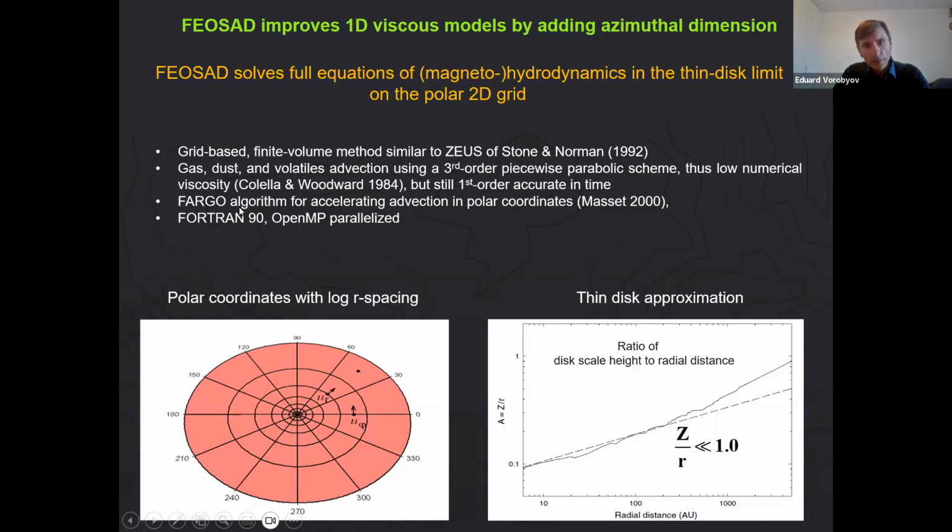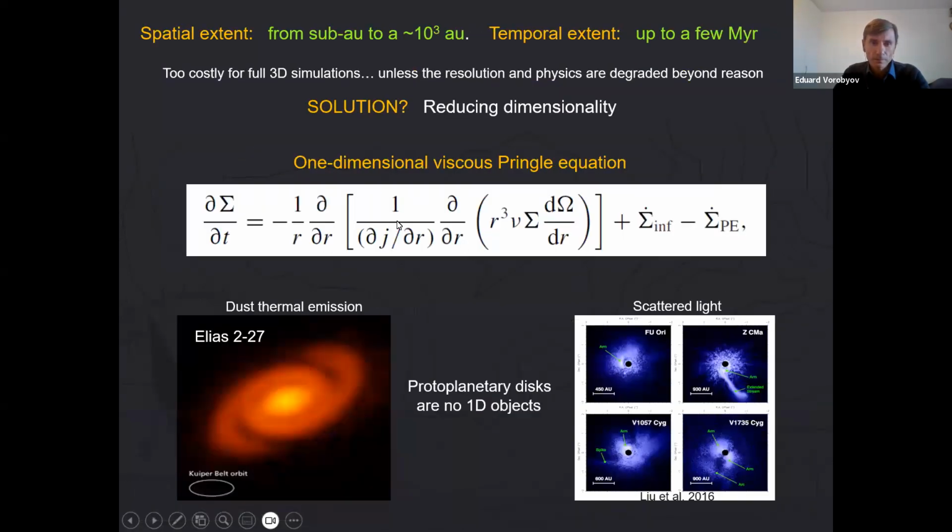It also uses the FARGO algorithm for accelerating simulations, and it's OpenMP parallelized. We check the thin disk approximation often, and it's fulfilled up to maybe 1,000 astronomical units. By the way, the Pringle equation also has to obey the thin disk approximation.